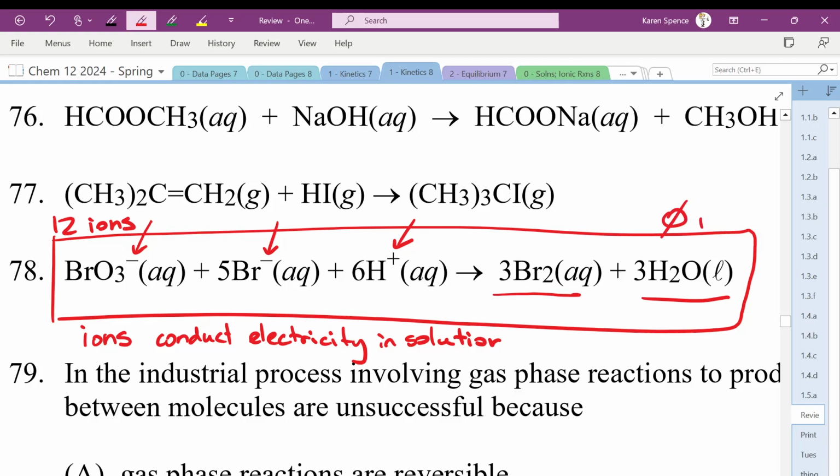So over here we have 0 ions. Yes? Because Br2 is not an ionic compound. It will not dissociate. Water is a covalent compound. It will not dissociate. So on the left, there's 12 ions. On the right, there's 0 ions. What will happen to the conductivity as this reaction proceeds? Will it increase or will it decrease? Conductivity will decrease because the number of ions decreases. Okay?